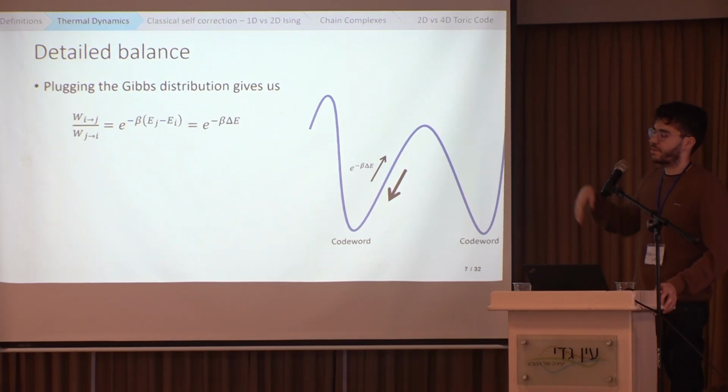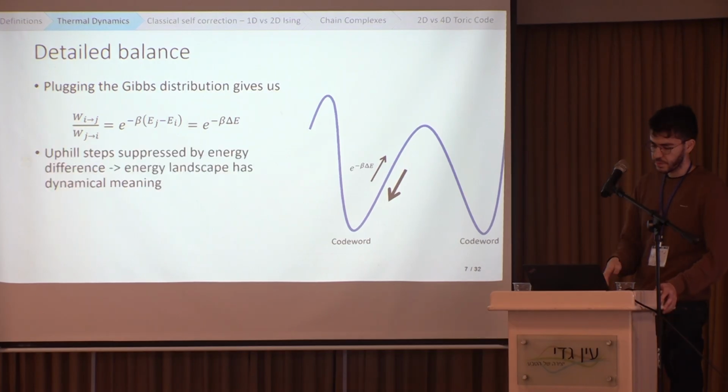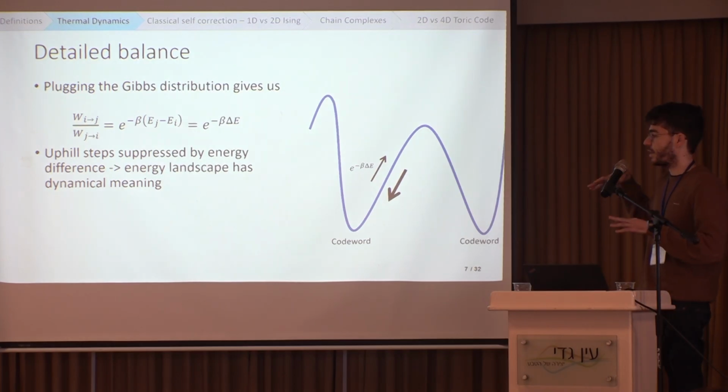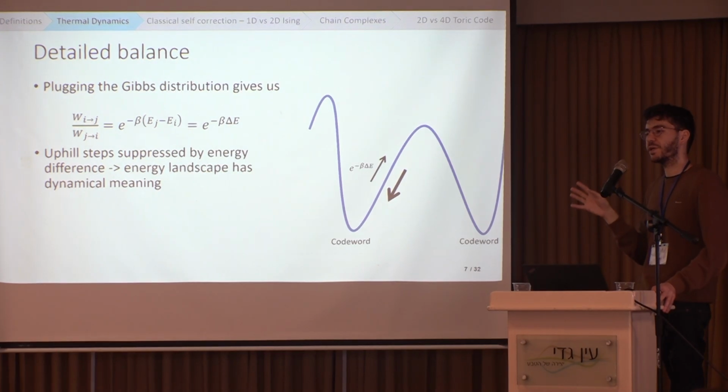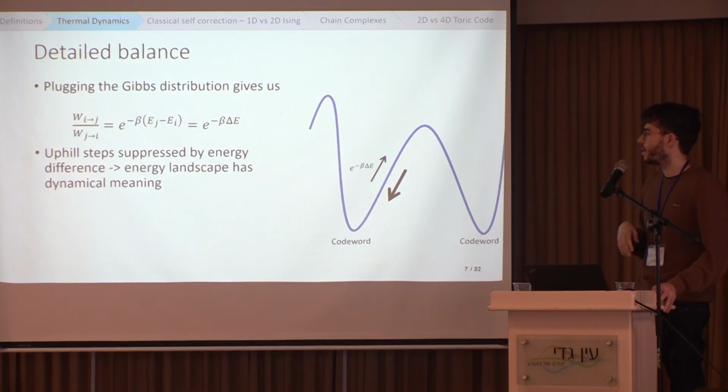Now this means that if we have some energy landscape of our system, which assigns the energy for each configuration, when we jump between configurations, going uphill to higher energy will always be suppressed exponentially, assuming we're at low temperature. Without this, we can have the energy landscape, but it has no dynamical meaning.